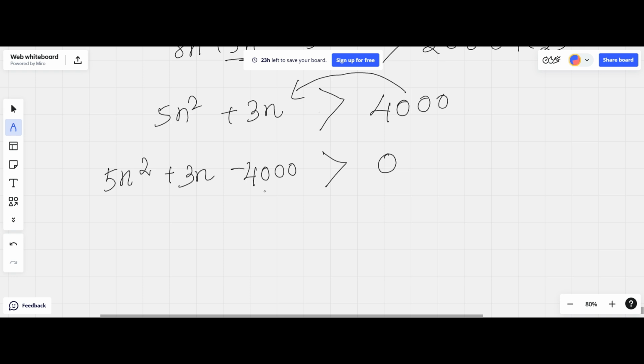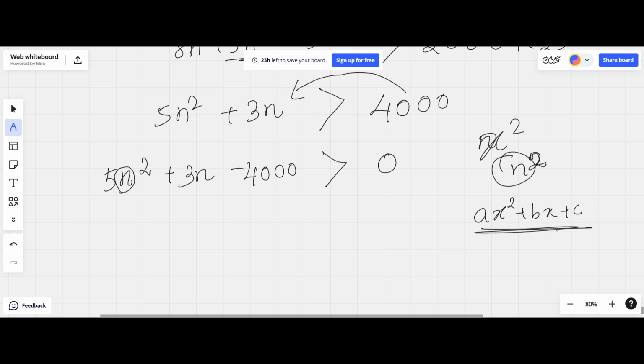Most of you would know what a quadratic equation is. What is the variable here? The variable is n. If it is in the form ax squared plus bx plus c, whatever the variable, if it is squared, this is basically called a quadratic equation.